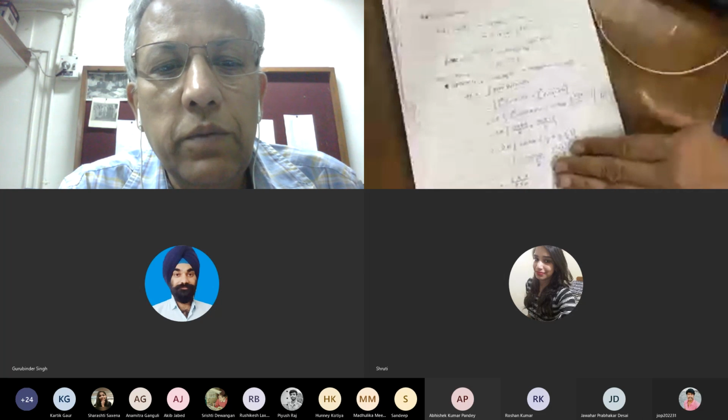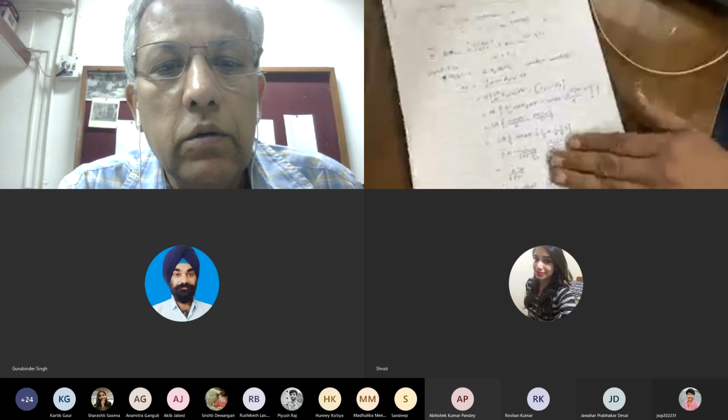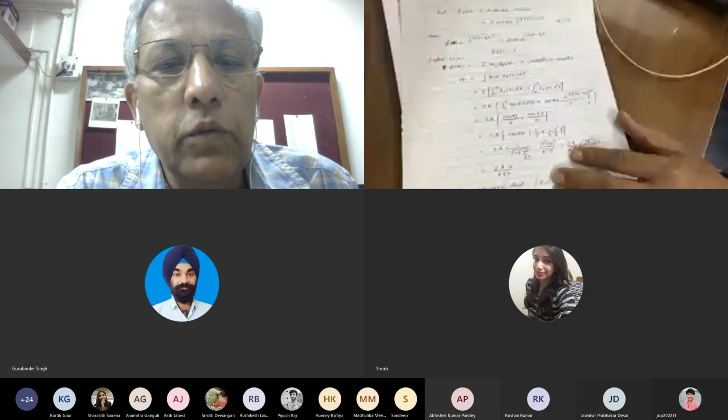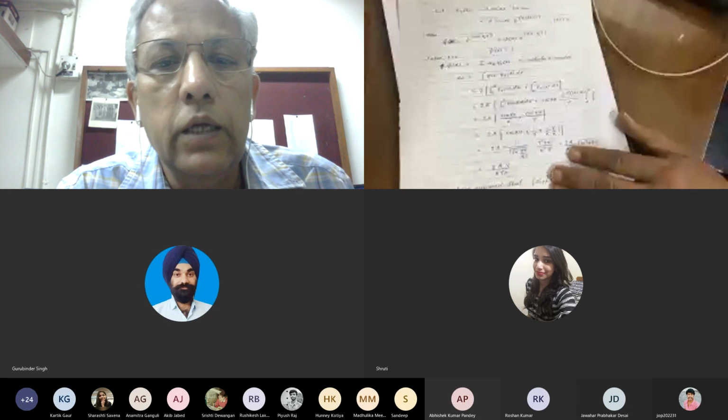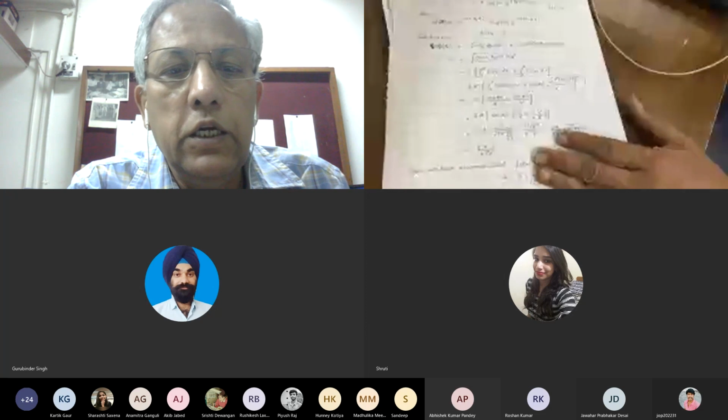So this x dependence, when it enters into the fiber, you can write down as a contribution from the guided mode, which is just the fundamental mode, and a contribution from the radiation mode. Well, we are not worried about the radiation mode.